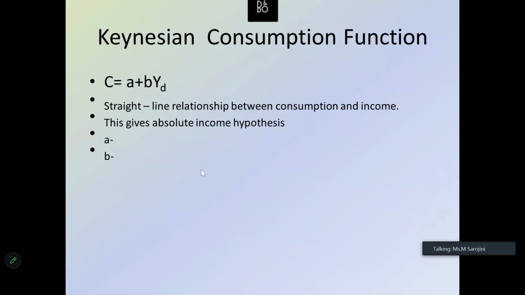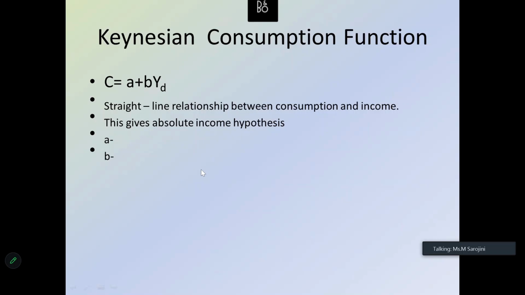Our normal consumption function is the Keynesian. We are following the Keynesian consumption function. The Keynesian consumption function is C is equal to a plus bYd. Here Yd is the disposable income, C is the consumption, a is the autonomous consumption or the consumption at zero level income, and b is the MPC.